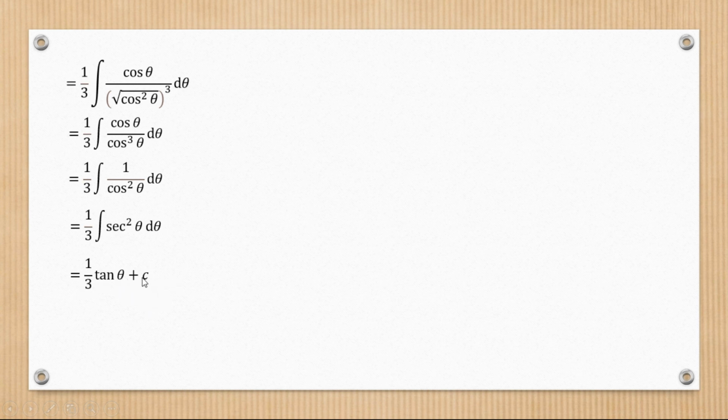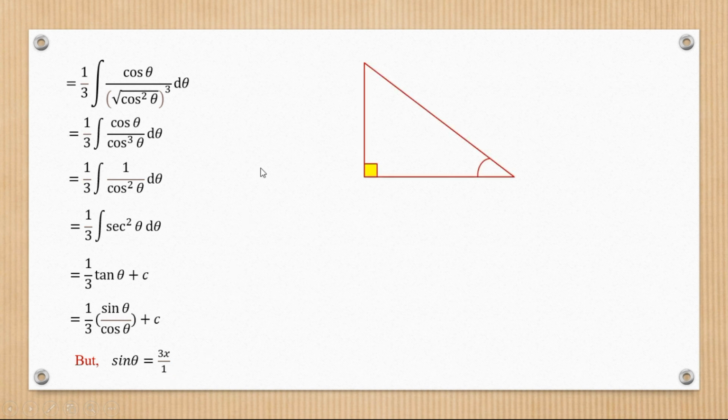But we cannot leave it like this; we have to simplify this value. You know that tan theta is the same as sine theta over cos theta, but we already know that sine theta is equal to 3x, which is the same as 3x over 1. When we put that on a right angle triangle, the opposite is 3x and the hypotenuse is 1, because SOHCAHTOA shows us that sine is opposite over hypotenuse.